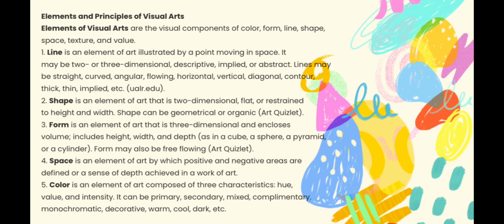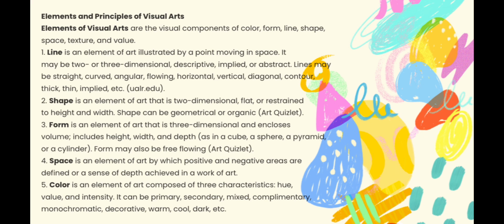Number 2 is shape. Shape is an element of art that is 2-dimensional, flat, or restrained to height and width. Shape can be geometrical or organic. Number 3 is form. Form is an element of art that is 3-dimensional and encloses volume, includes height, width, and depth, as in a cube, a sphere, a pyramid, or a cylinder.